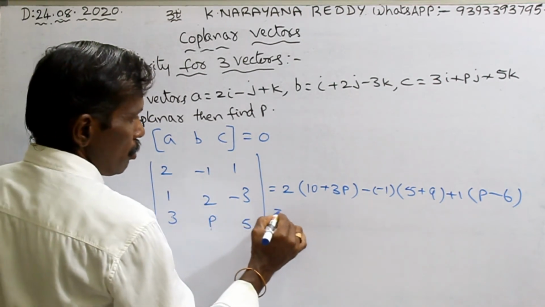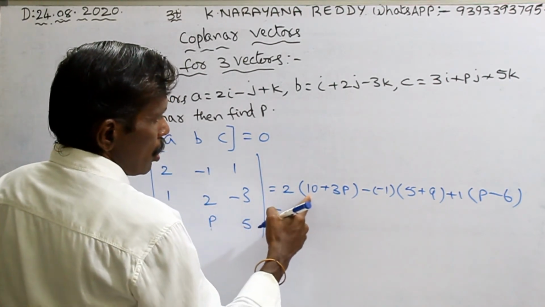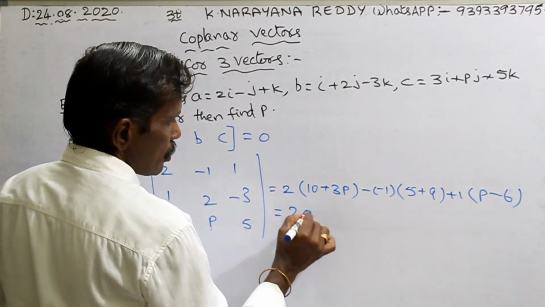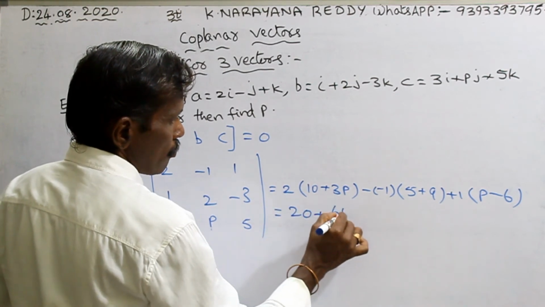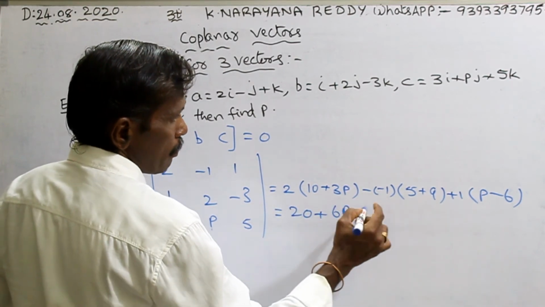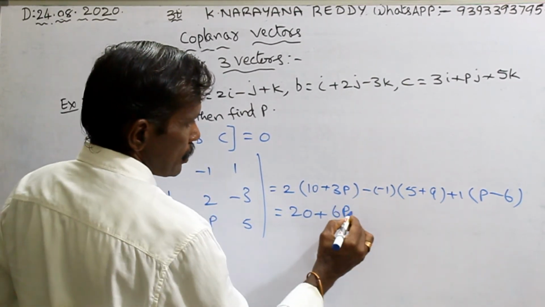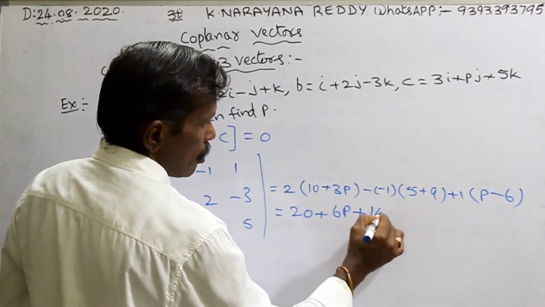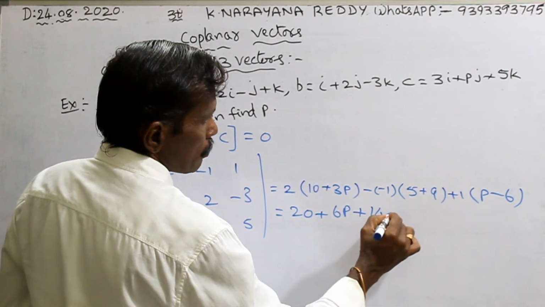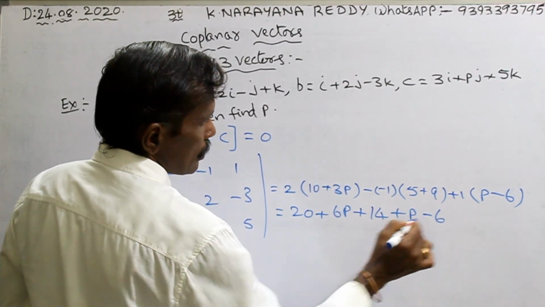Okay, now 20 plus 6p, minus into minus plus 5 plus 9, 14, plus p minus 6.